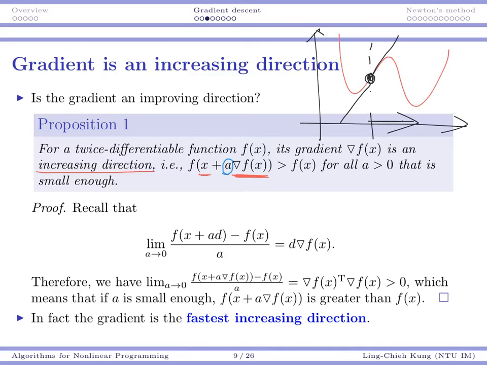So that's the proposition. Very quickly, let's see why it is true. In your first year calculus textbook, we have this equality: the limit of the difference f of x plus a d minus f of x, divided by a, as a goes to 0, gives the gradient of f times this vector d. Here a is a constant, but d is a vector and x is a vector.